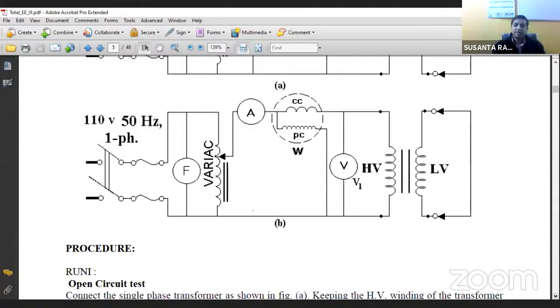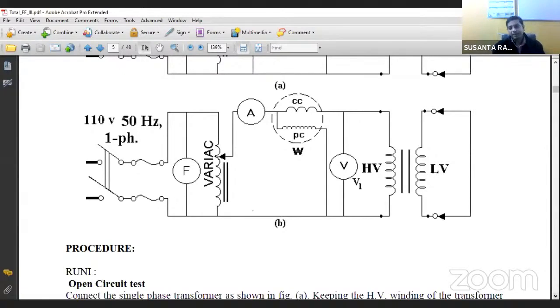So you can get an available ammeter and wattmeter current coil in that range. Otherwise, you have to use a current transformer or CT for performing the short circuit test. To avoid this additional arrangement, we keep the meters on the high voltage side and perform the test with our available meters. So that is one reason.